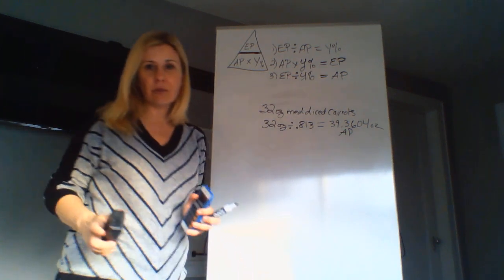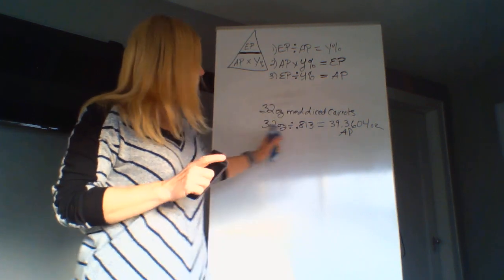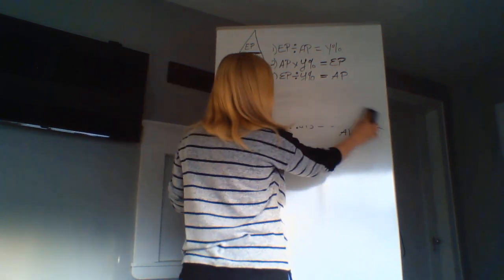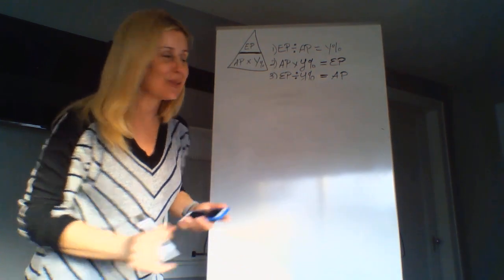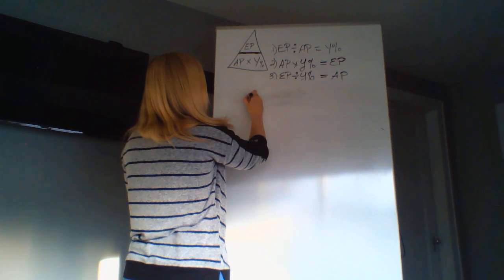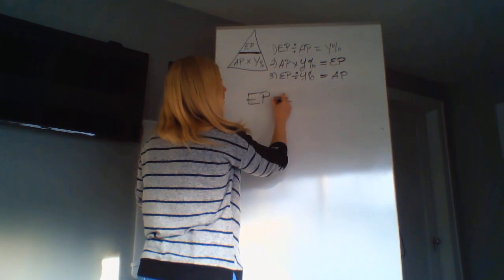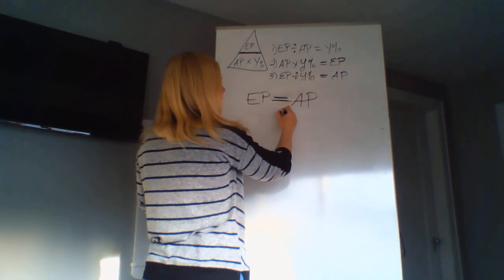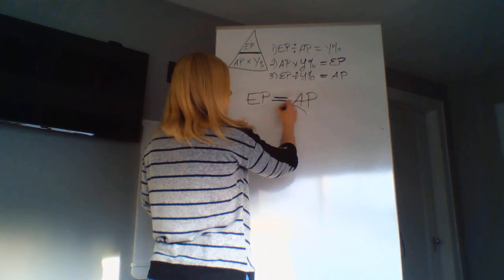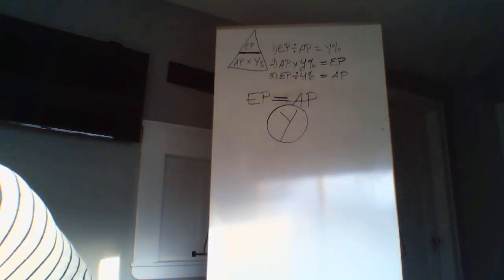But let me tell you that a recipe writer sometimes will write a recipe in a way so that, and I'm going to say this slowly so that you pay attention, so that the EP quantity is the same thing as the AP quantity, which means, let me see if I have a red marker. I do.